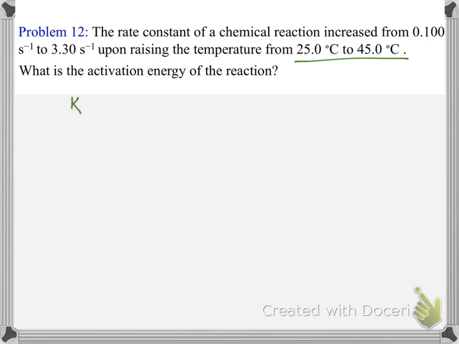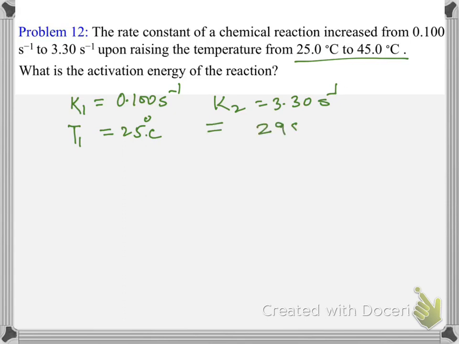So K1 is 0.100 per second, K2 is 3.30 per second, T1 is 25 degrees Celsius, which in Kelvin is 298 Kelvin. T2 is 45.0 degrees Celsius, which in Kelvin is 318 Kelvin.